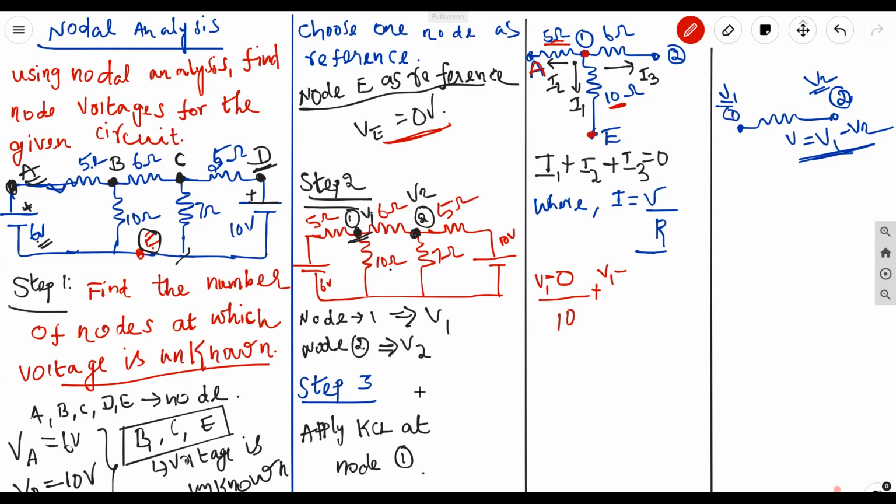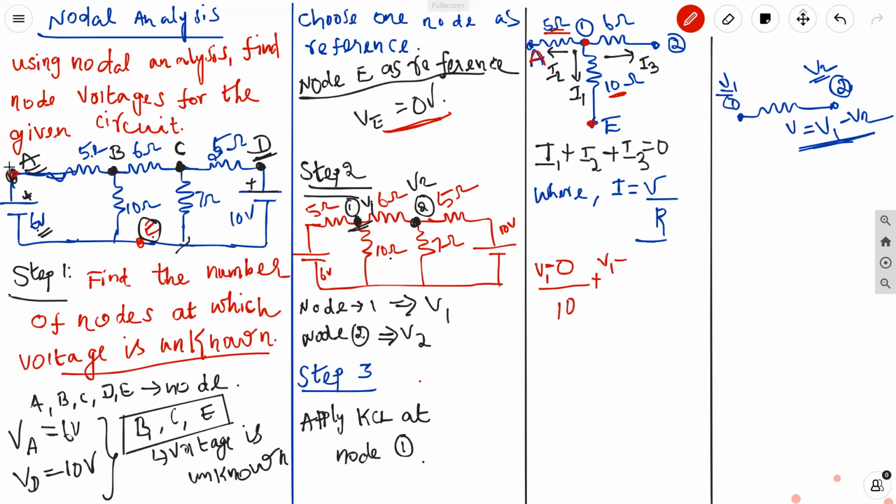It is directly given in the problem, because plus 6 is directly connected to node A. So V1 minus 6 divided by the resistance 5, then plus I3.